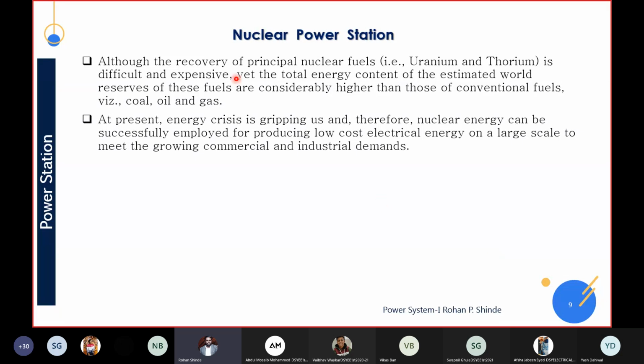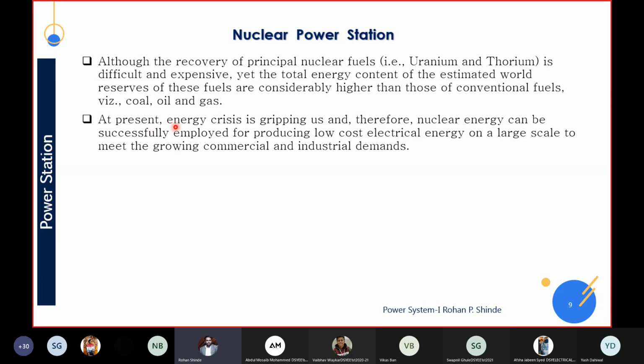That means these nuclear fuels are difficult and expensive to recover, but their energy content is considerably higher than that of conventional fuels, for example coal, oil and gases.